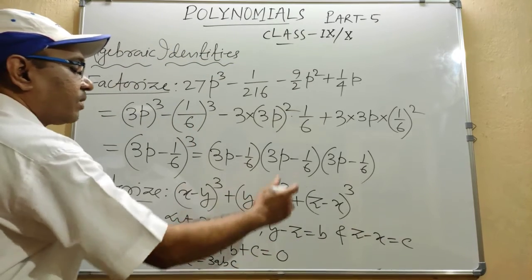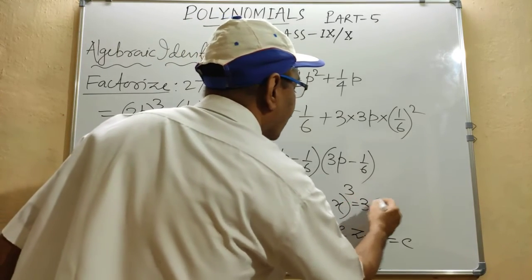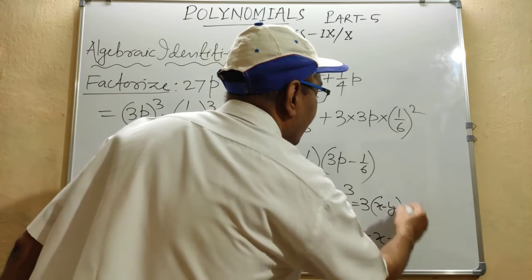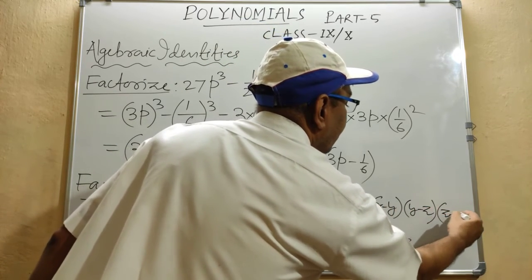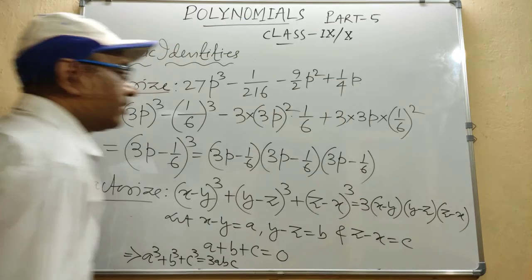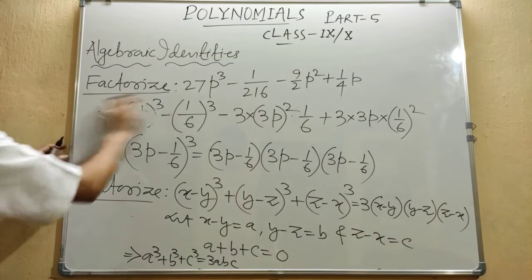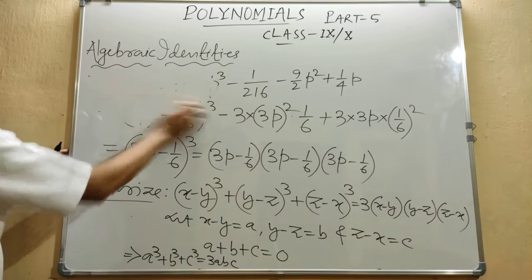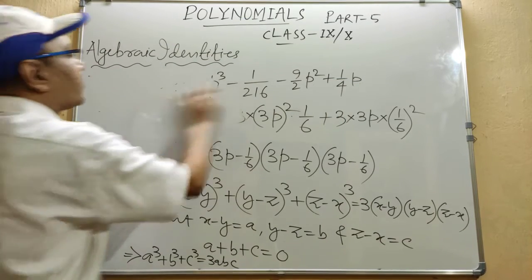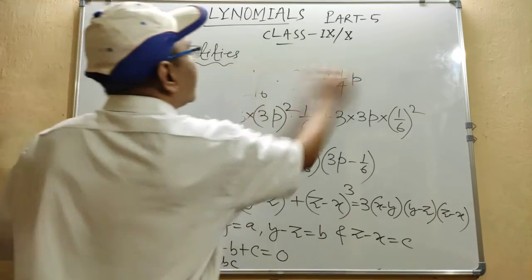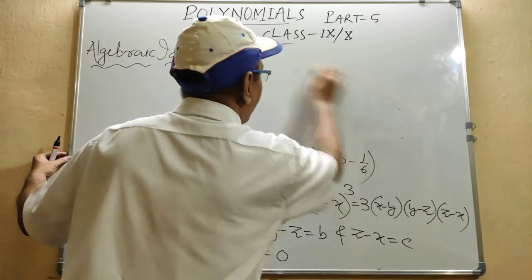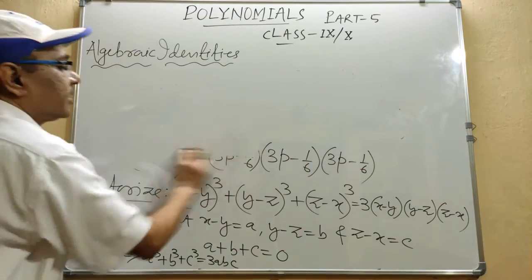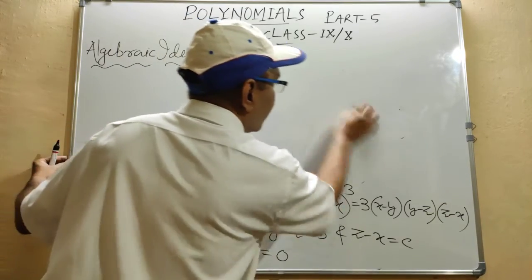So it is a cube plus b cube plus c cube can be written as 3abc. x minus y, y minus z, z minus x can be written as a factorize. One more you see. एक सवाल और देखिए, ये वीडियो खत्म. Then you can yourself solve this type of factorized problems given in your book.